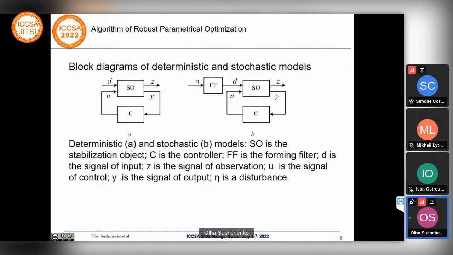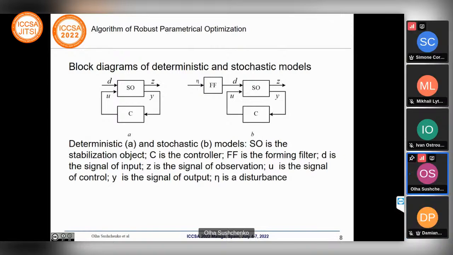Robust parametrical optimization and robust structural synthesis are considered in this research. This direction is convenient for modernization and creation of new systems. You can see in this slide the approach for the algorithm of robust parametrical optimization.